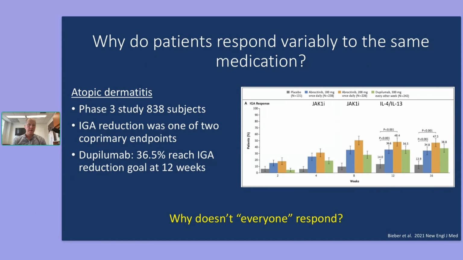Although the trends aren't always statistically significant, when we're looking at dupilumab in green here at 16 weeks after initiation of drug, when we look at the JAK inhibitor, there seems to be a non-statistically significant increase in response rates. And so why is that? Are other cytokines involved? When you read the textbooks, IL-4 and IL-13 really are the canonical cytokines in atopic dermatitis or eczema.